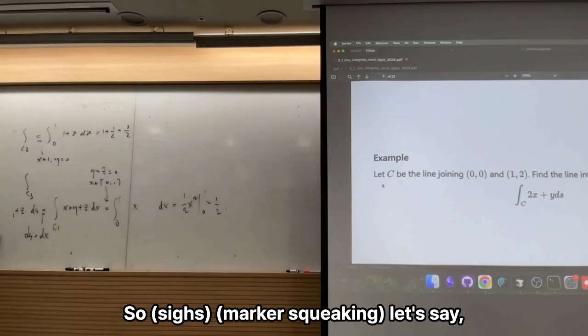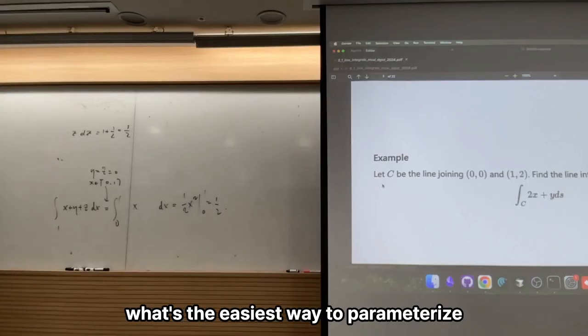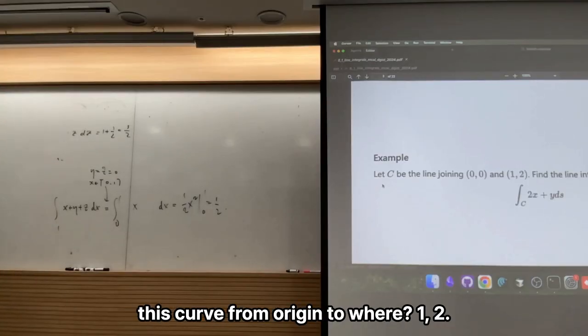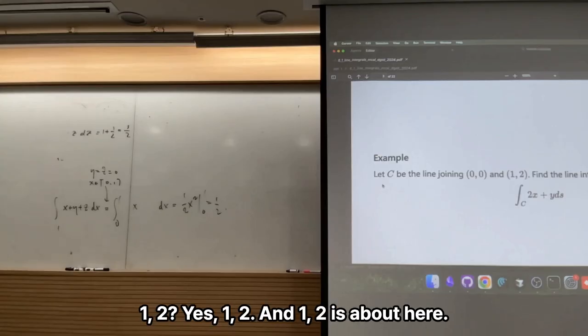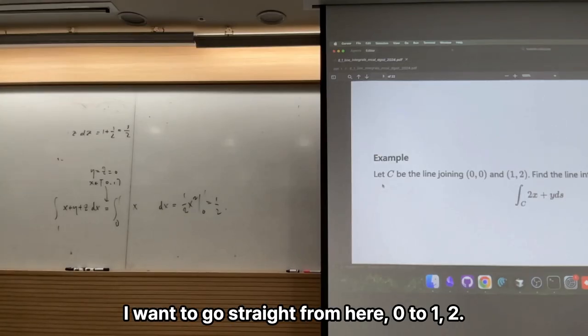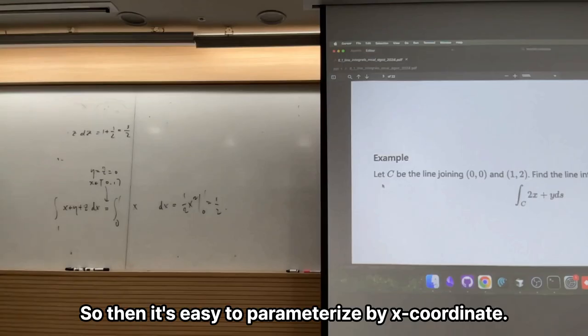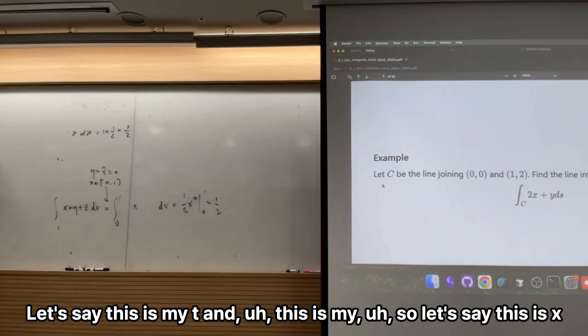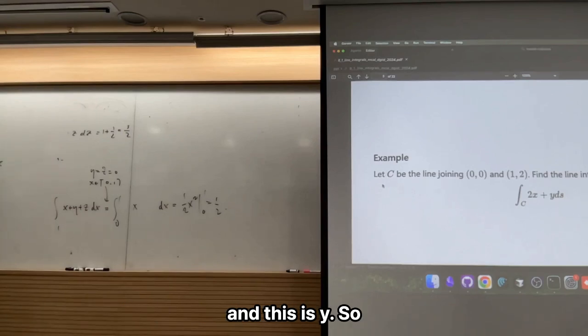So, what's the easiest way to parameterize this curve? From the origin to where? 1, 2? Yes, 1, 2 is about here. I want to go straight from 0 to 1, 2. So then it's easy to parameterize by the x coordinate. Let's say this is x, and this is y.